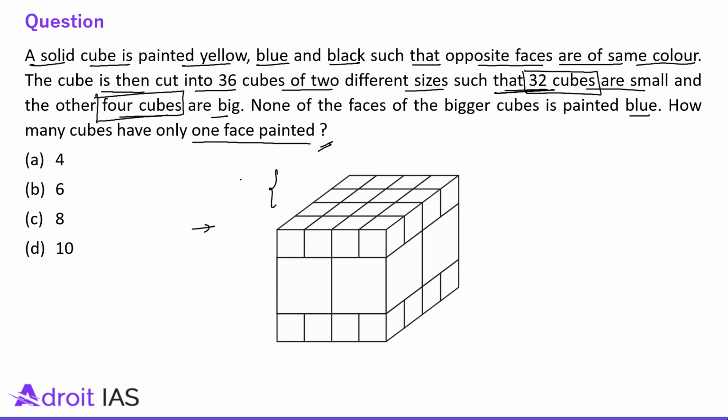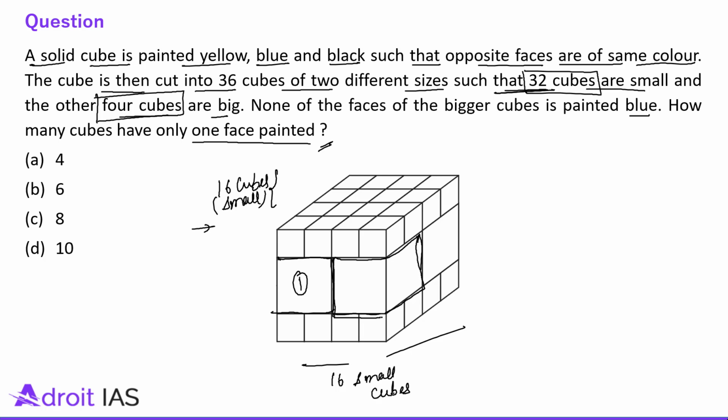Here in the top face, we have 16 small cubes, right? And in the bottom face, we also have 16 small cubes. Fine. And one big cube is this, another big cube is this, another big cube is this, and another big cube is this, and one more big cube will be at the back.